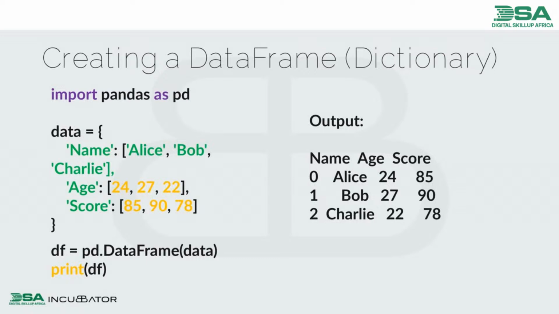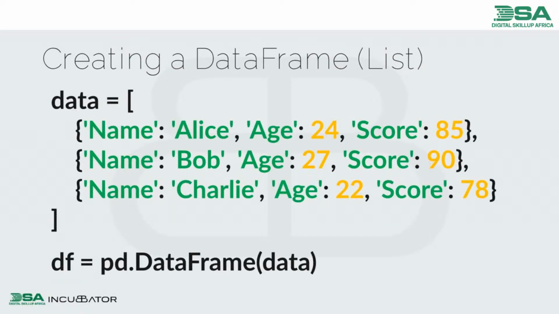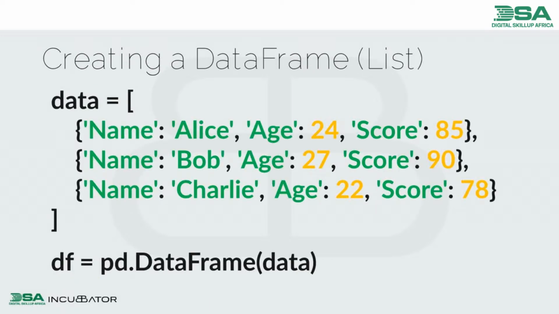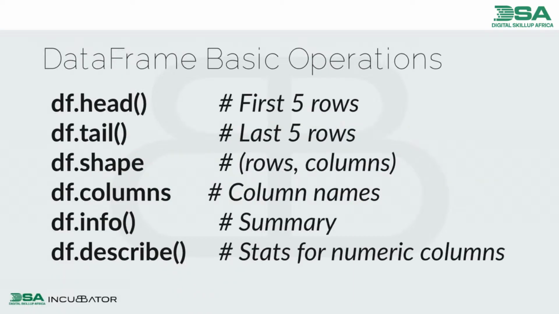You have 0, 1, then arrange the name, matches Alice to 24, her score is 85, picks Bob, age 27, his score is 90, then Charlie, age 22, his score is 78. So you can see that now you have your rows and columns. That's how to create a data frame. You can also create from a list, whichever way you are given, as long as you run the code very well, you will always get the same answer. Then what are some data frame basic operations?